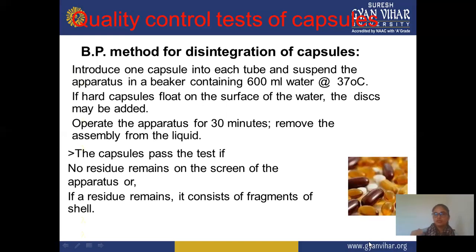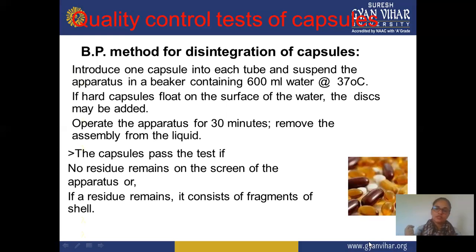After 30 minutes, after completing this procedure, you stop your disintegration apparatus and check how much material has disintegrated out of the capsule, and whether any residue is present or not. If no residue or material is present after 30 minutes, then your test passes.